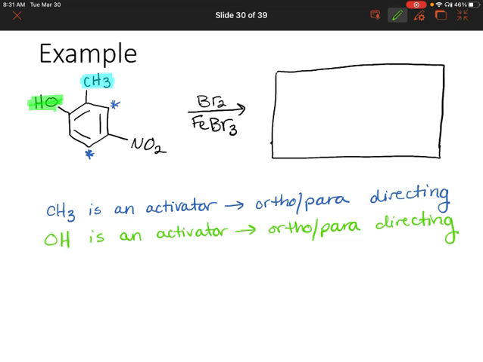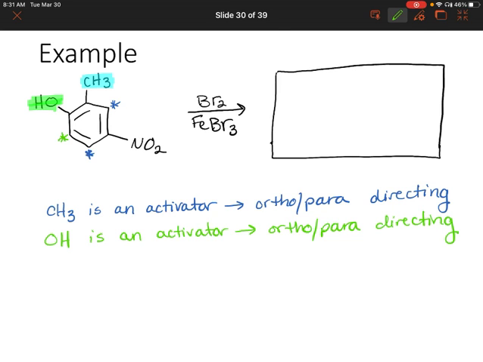Let's look at the ortho positions relative to the alcohol. One of the ortho positions is already blocked by the methyl group, but the other ortho position is free. And the para position relative to the alcohol is blocked by the nitro group. So there's really only one spot that the bromine could go if the alcohol is our main contributor here.